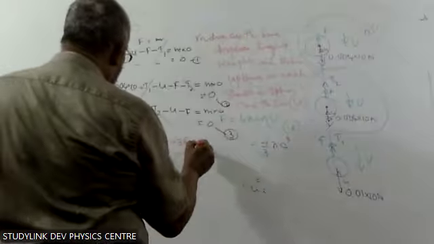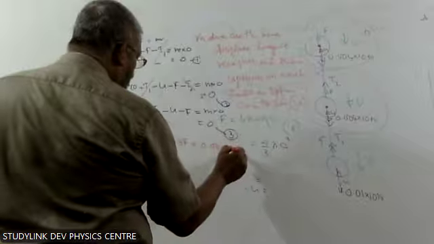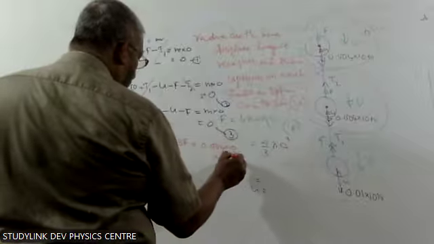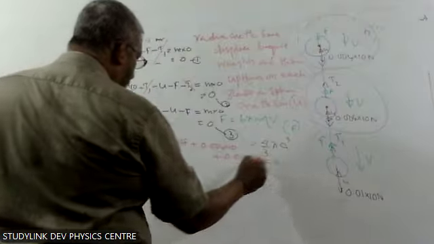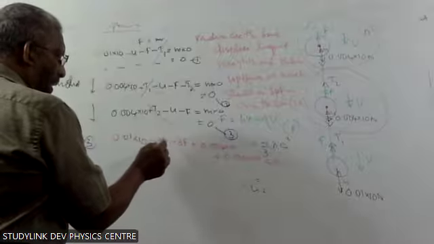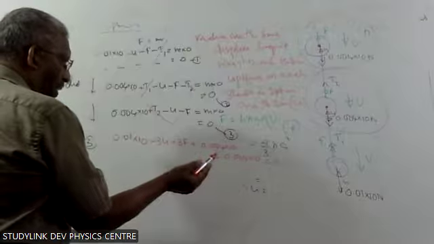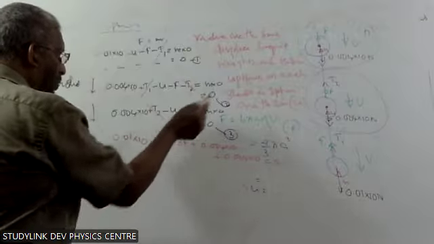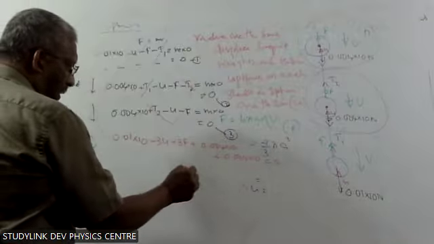Plus 0.04 into 10 plus 0.04 into 10 is equal to 0. So F is equal to 6πAηV. Understood? The V is unknown, others are known there, U is known, then you can find terminal velocity. Note down quickly.